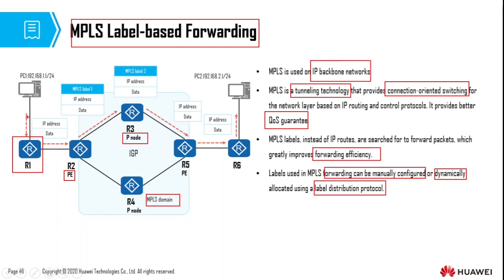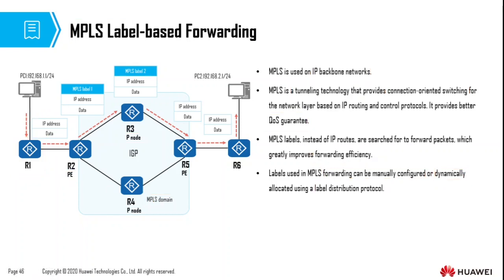We use MPLS to forward data. So when this packet comes in, when it gets to the provider edge, the provider edge is going to add an MPLS label to it, so that within this network, we are no longer going to forward this packet using the IP address.